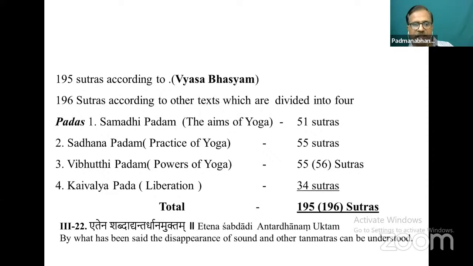It is said that the disappearance of sound and other tanmatras can be understood; the subtlety of the tanmatra can be understood. This is the meaning. And this sutra is not available in the Vyasa Bhashya. It is chapter number 3, sutra 22. Many students have asked me, sir, there are 196 sutras and 195 sutras. I think your doubt is very clear now.